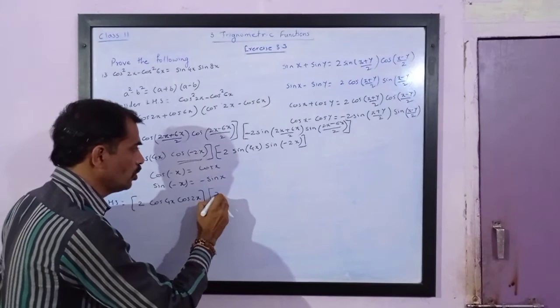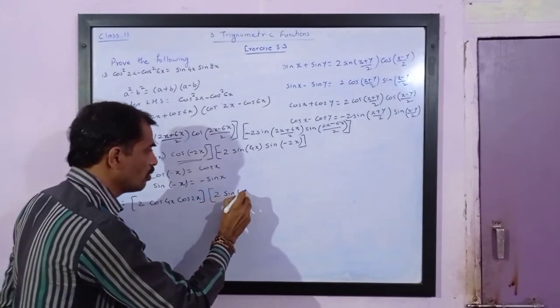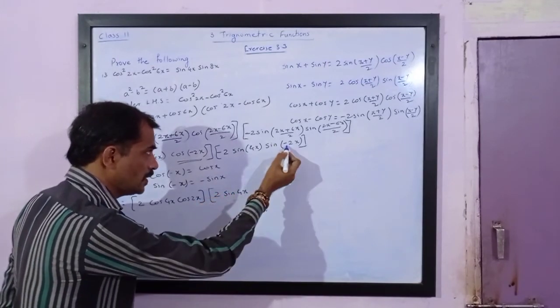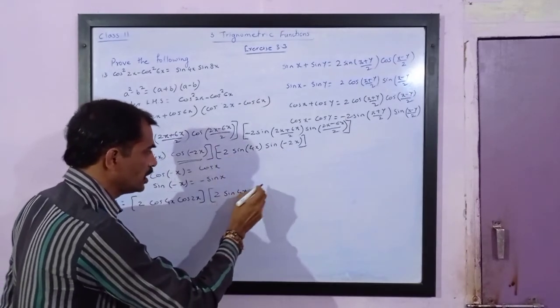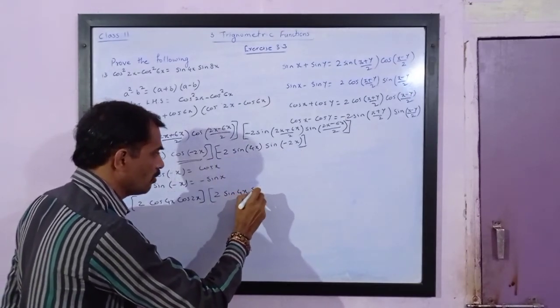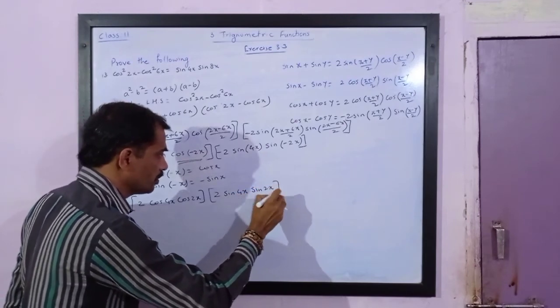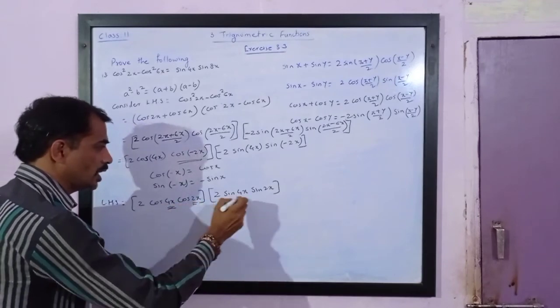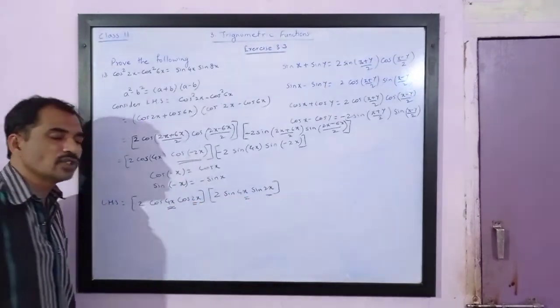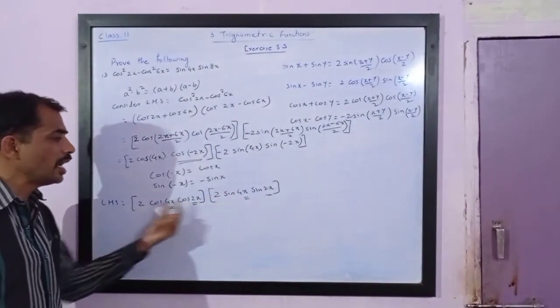So this minus and this minus become plus. This is equal to 2 times sine of 4x, plus sine of 2x. Please note, this angle is 4x, this angle is 2x, this angle is 4x, this angle is 2x. So again we write similar angles at one place.